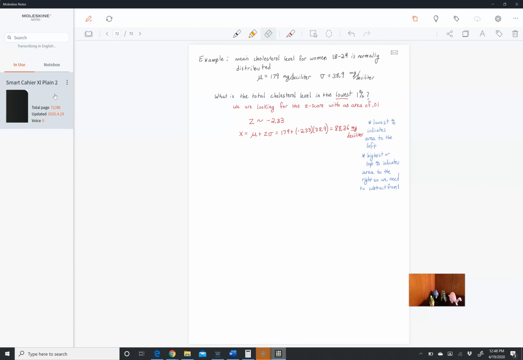Okay, and I keep writing that because I want you to understand that this is specific to this data. So this is saying 1% of the people have 88.36 or below. Okay, 1% of the people have a cholesterol of 88.36 or below.